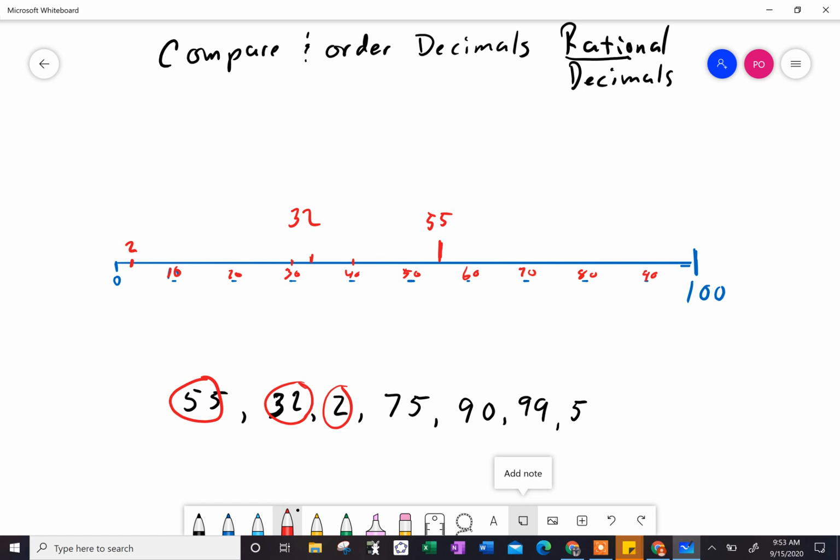All right, 75 is going to be halfway between 70 and 80. 90 happens to be exactly on 90. And then 99 is almost to 100, but not. And my 5 should be right between 0 and 10.